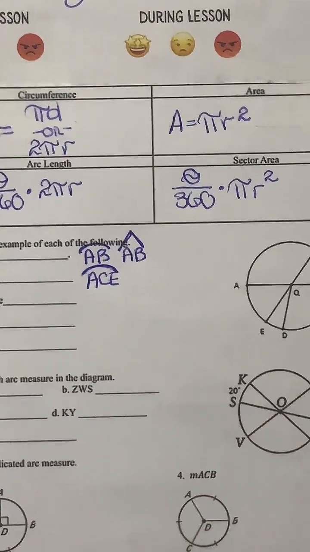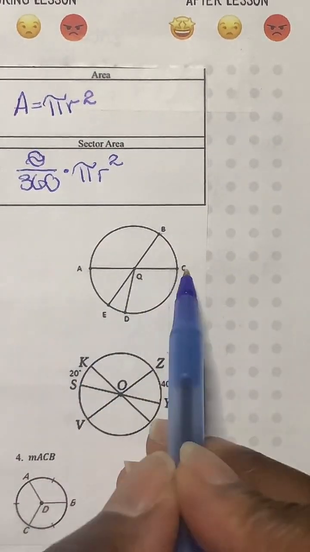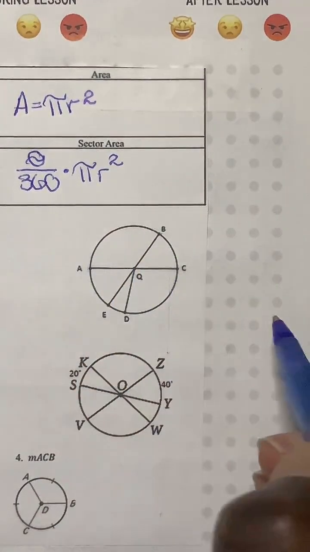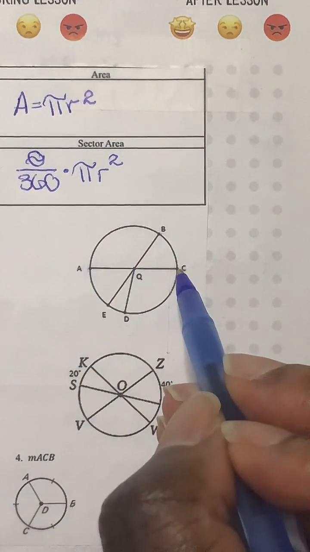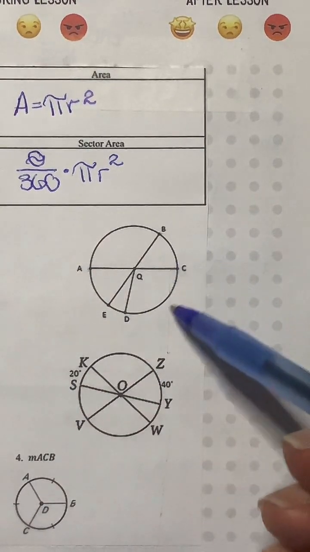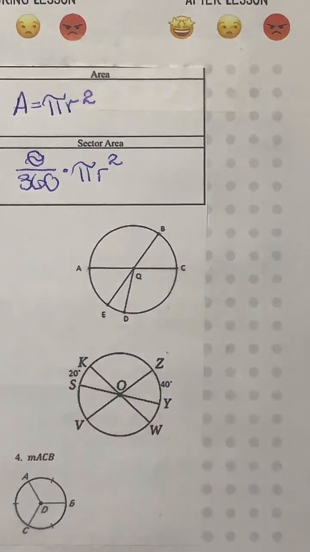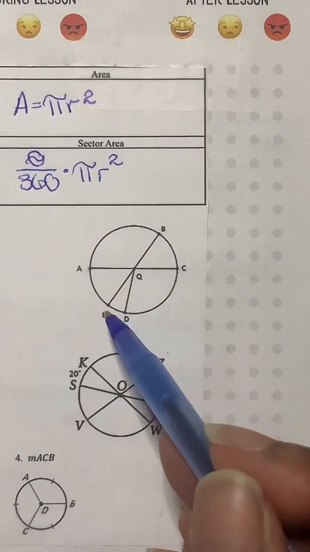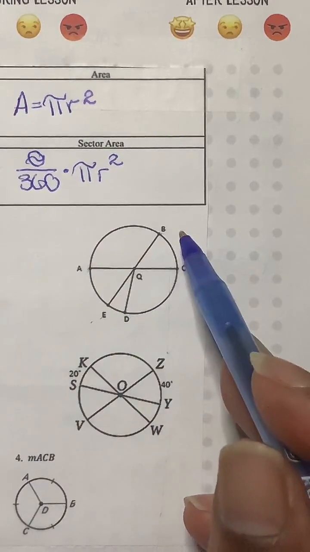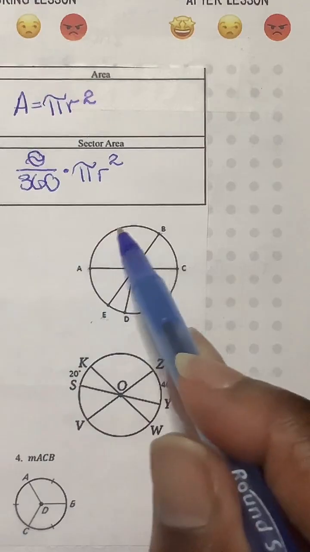All right. So semicircle, semi meaning half. For the semicircle, I can go from A to C, or I can go from C to A. Another one, I can go from B to E, or I can go from E to B. Semicircles are similar to naming a minor arc, but the only difference is I'm going from one point to the other point.